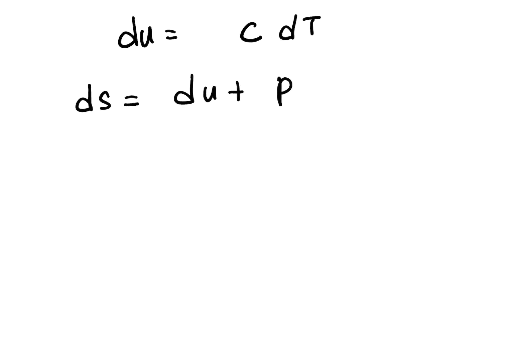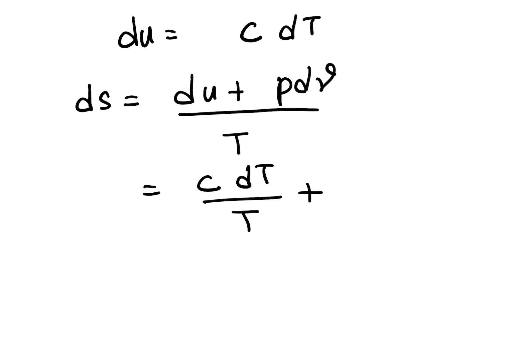What is the relation between internal energy and temperature? The change in internal energy is specific heat times the change in temperature. So I can write dS equals dU plus P dV divided by T, which is c times dT divided by T plus P dV divided by T.